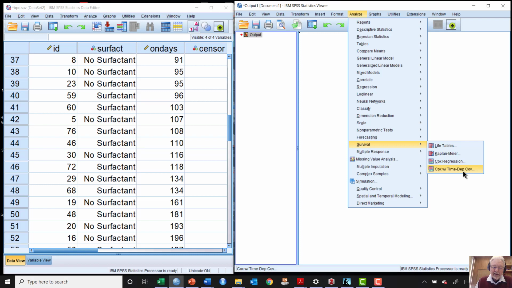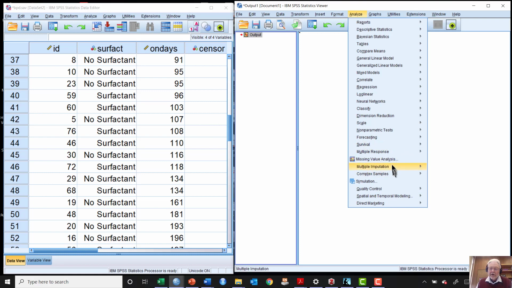That is where you're measuring something that changes over time. For example, one of the variables might be the dose of surfactant, which may go up and down over time, and that is a variable that's added. In this case, it's the same treatment: you're either on surfactant or not during the duration of time you're on oxygen, or during the duration of time you're followed.